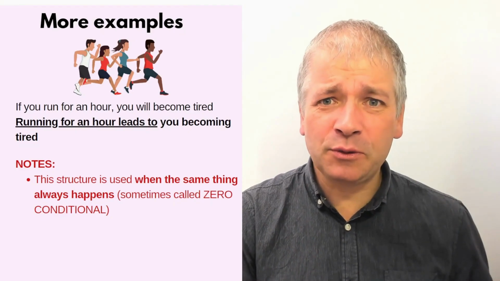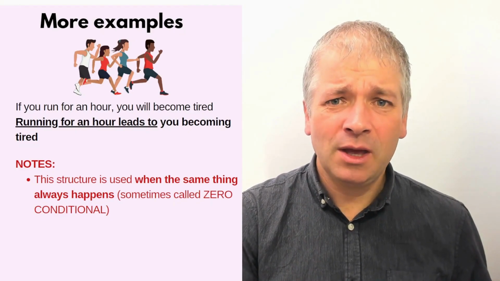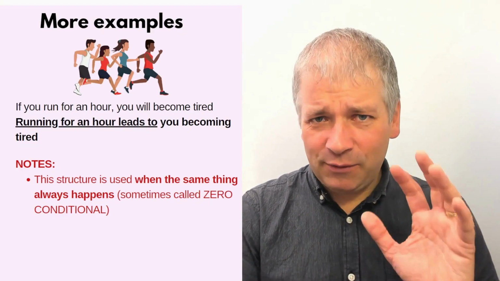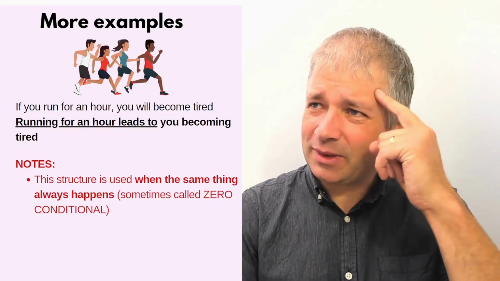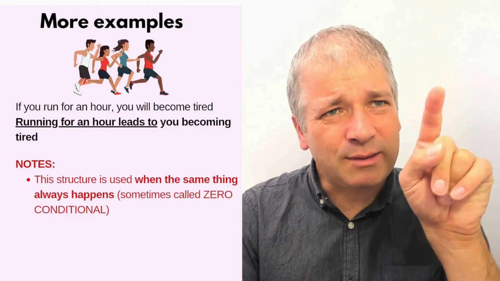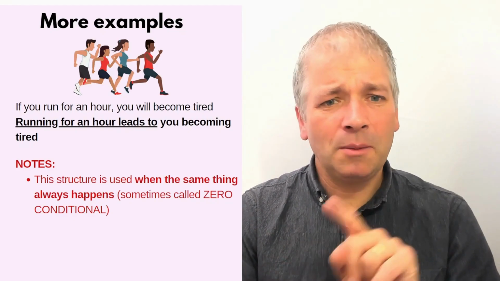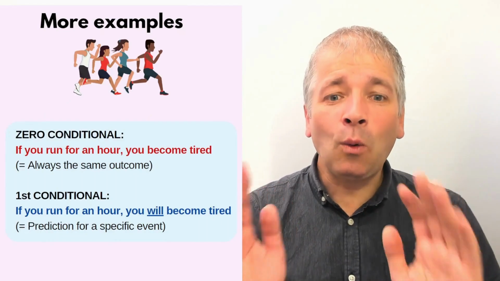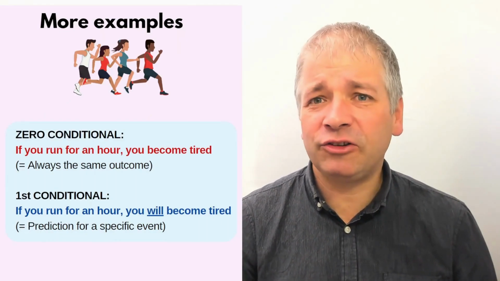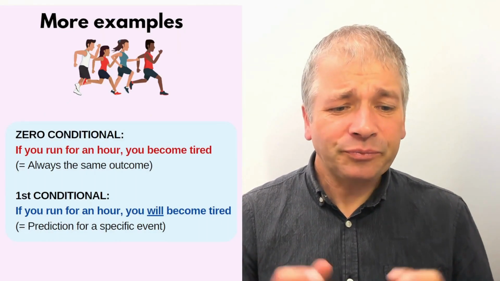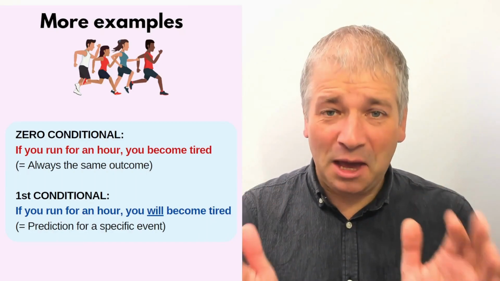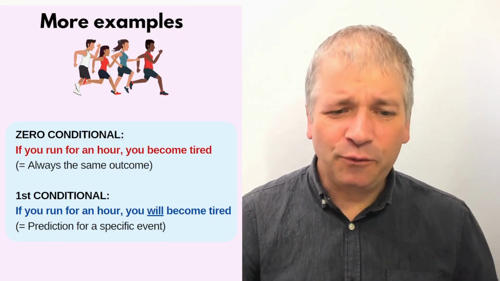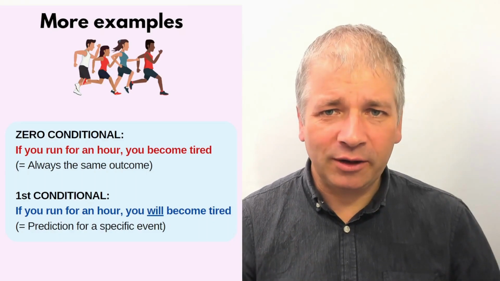And we sometimes call this the zero conditional. And I know that even advanced learners sometimes have to think again, what's the difference between zero conditional and first conditional? Maybe you do, maybe you don't, but just in case, here's a quick recap. The zero conditional means this. You always have the same outcome. If you run for an hour, you become tired.